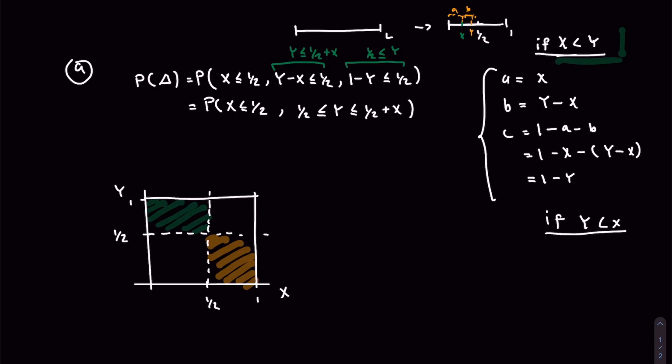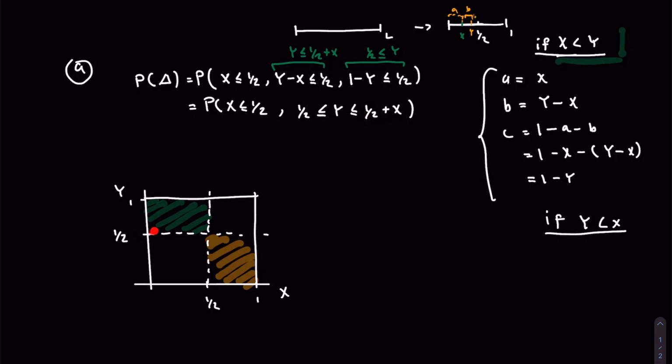Okay, so in this event, now we're in this region because we're conditioning on when x is less than y. This event starts at a half, so it starts here, and then there's basically a line starting at a half again here, going up to x.